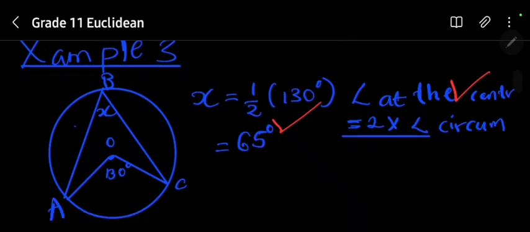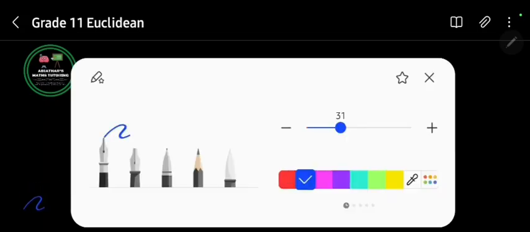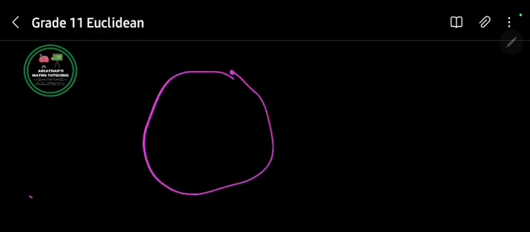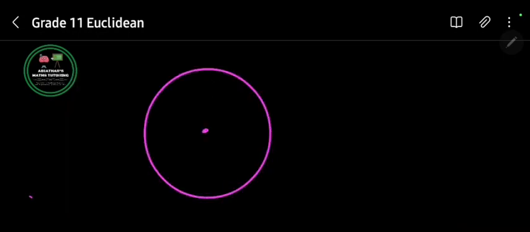Then let's take another one quickly. Let me use a blue pen. We have a circle like that, and we have O there, and then we have 2 lines moving from O like that. They formed an angle here, and we are told that angle is 50 degrees.